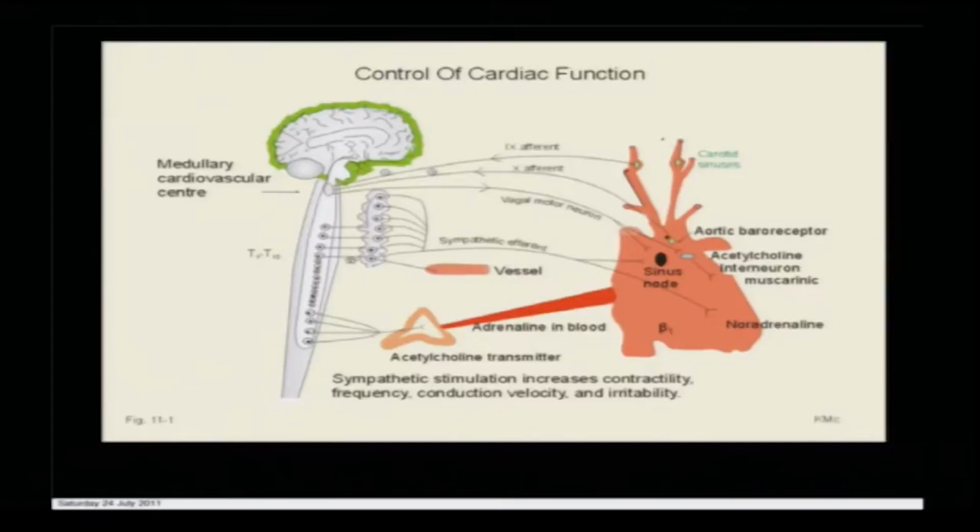Here you get an idea about the sympathetic system, where the sympathetic efferents are. You see the vagal nerves, motor neurons, the 10th afferents coming here, and the 9th afferents coming to the carotid sinuses, and here the sympathetic efferents which are coming and influencing, and they all act through beta 1 receptors, as well as there is an acetylcholine transmission taking place.